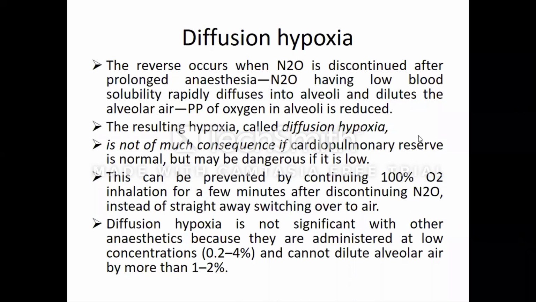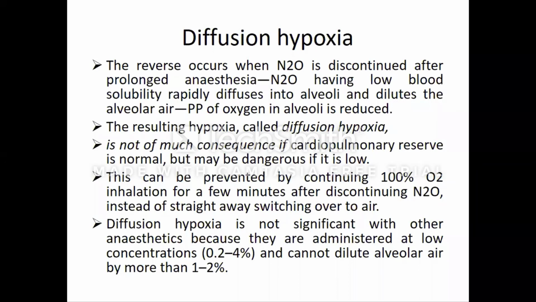You have to give some 100% oxygen inhalation to the patient. Diffusion hypoxia is not very significant with other anesthetics because they are usually administered at a very low dose, around 0.2 to 4%, and therefore do not dilute the alveolar air by more than 1 to 2%. It is very common with those anesthetics which are given at a very high concentration, 70 to 80%, like nitrous oxide.